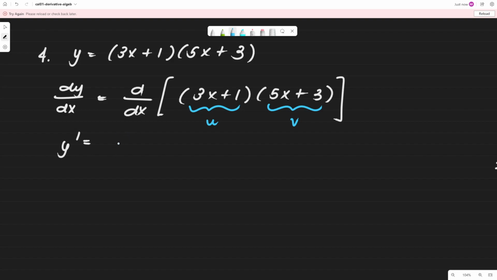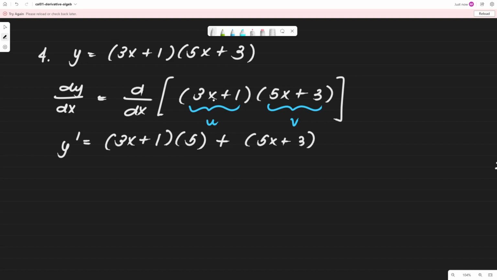So, we have u v prime, right? u v prime plus v u prime. So, we have u, 3x plus 1, times v prime. The derivative of 5x plus 3 is simply 5. So, times 5 plus 5x plus 3.